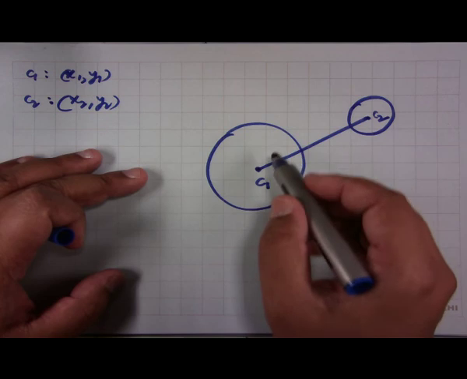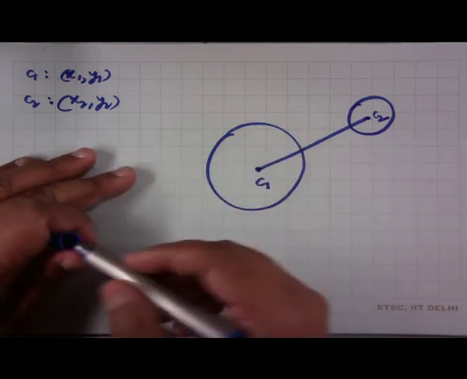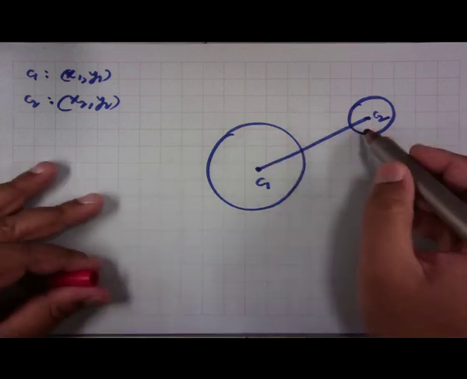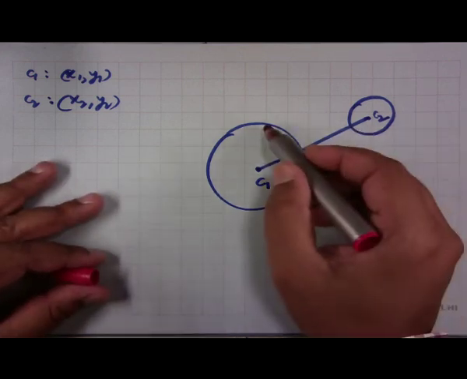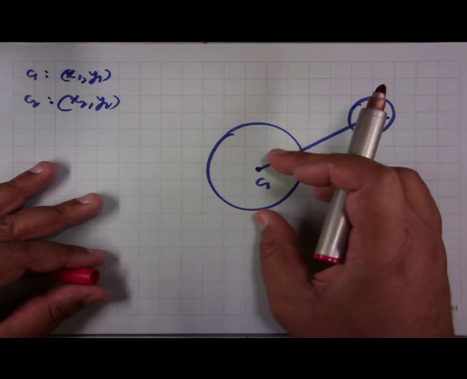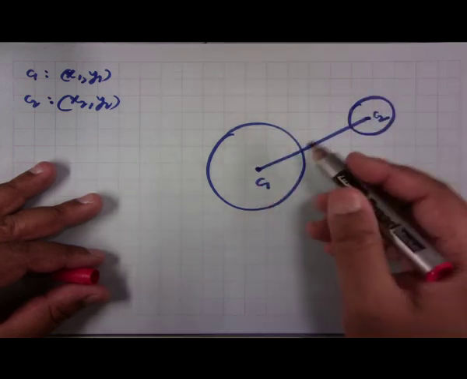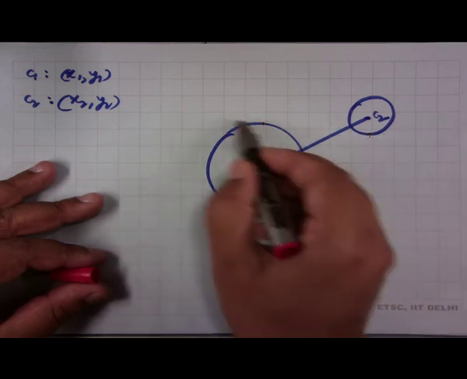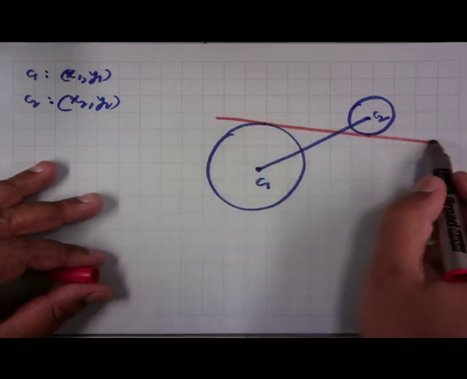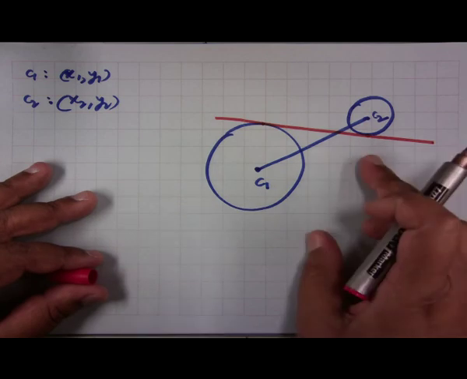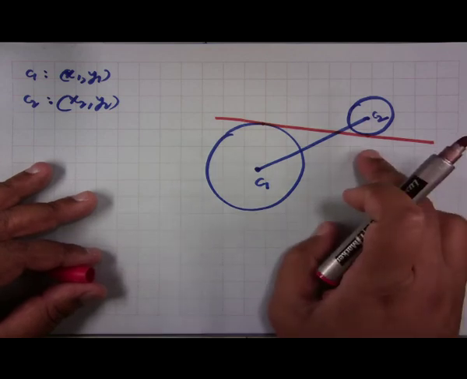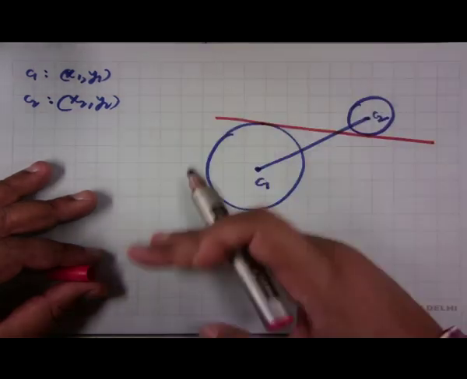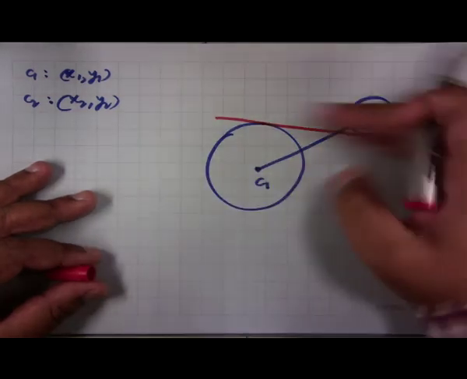If we recollect, the transverse common tangent is a tangent which is common to both the circles, but it is such that the circles lie on the opposite sides of the tangent. So, this is one of the transverse common tangents, because this circle lies on this side of the tangent and the other circle lies on the other side of the tangent.